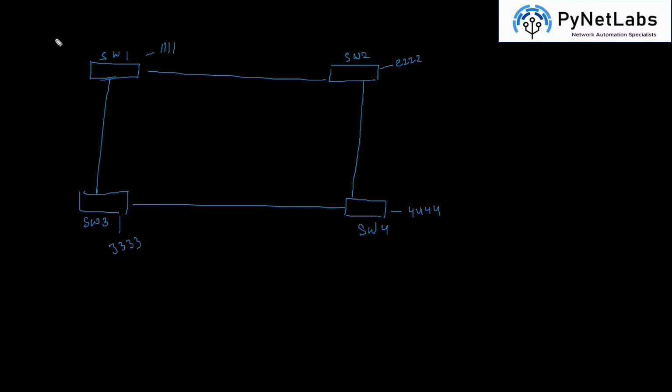The priority value is going to be 32768 for switch 1, then 8192 for switch 2, then for switch 4 it will be again the default one, 32768, and on switch 3 as well. Let's keep the default only. So tell me which switch out of these will be the root bridge.